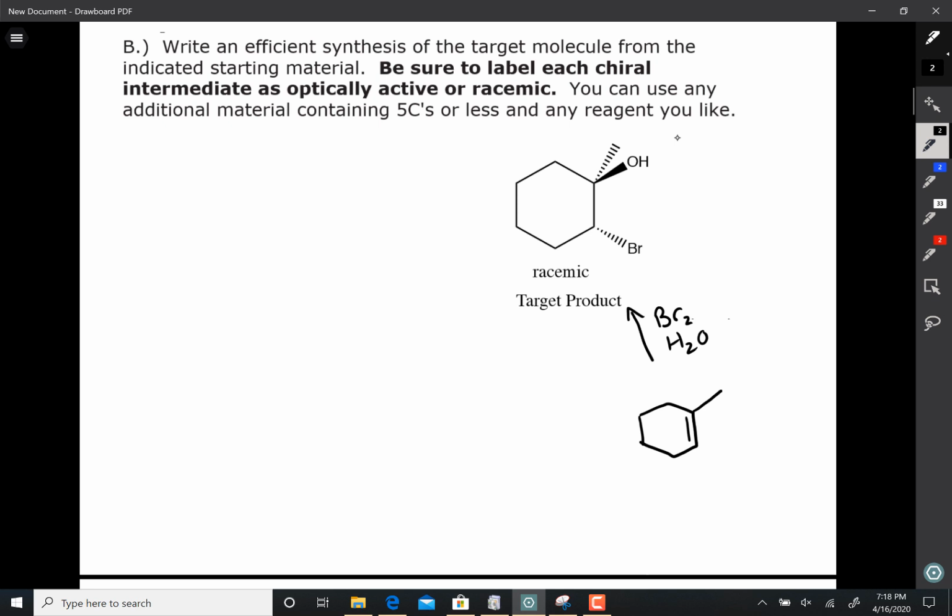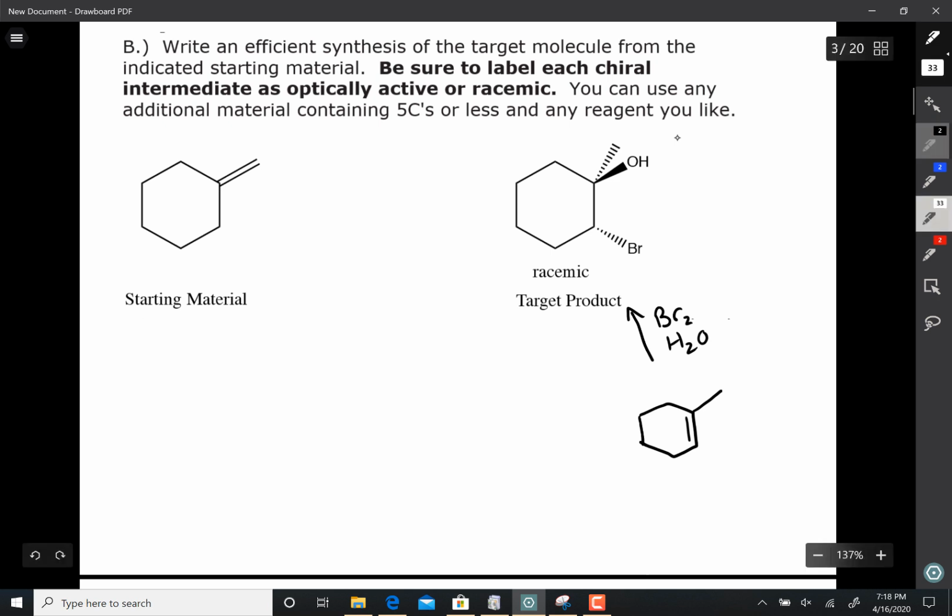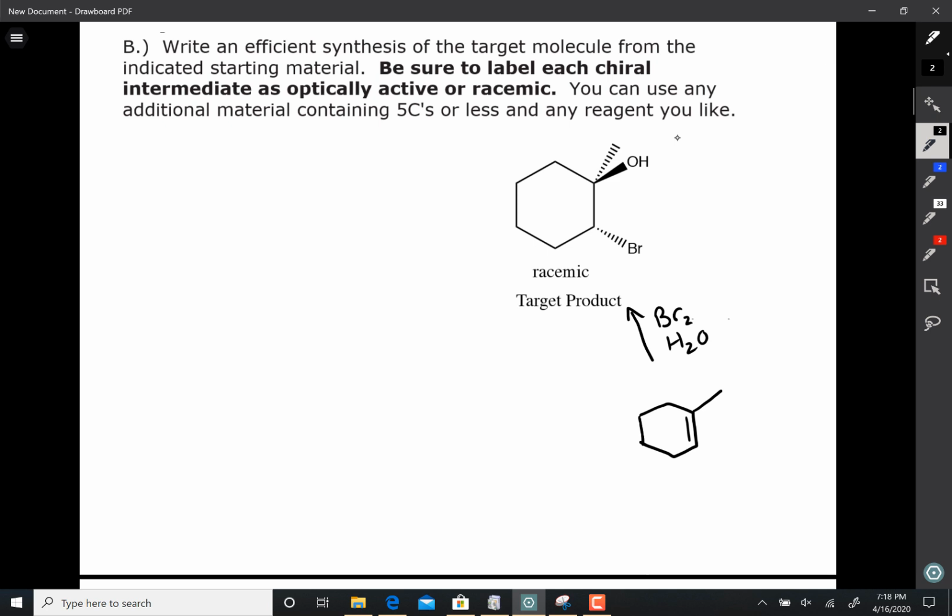Then we take a look at our starting material. Starting material, if you see an easy way of going from there to there, then do it. If not, forget about that. Just focus on the product right here. How do you make that?